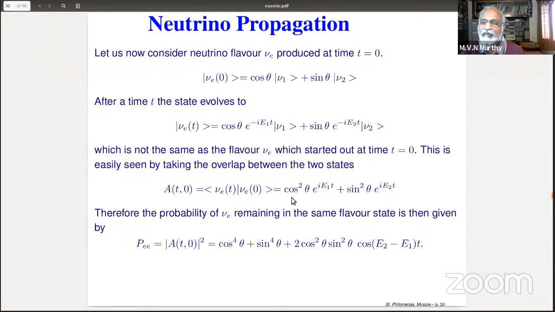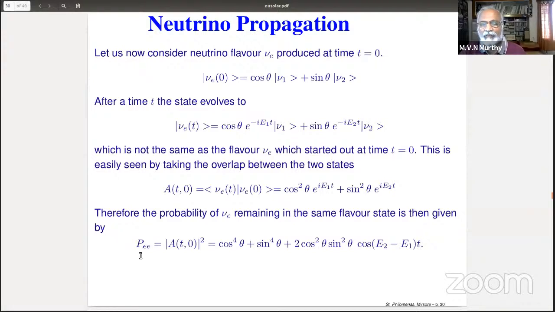So now what is the probability? Again, quantum mechanics tells you that. The probability of the original flavor nu e remaining after time t is simply the square of this amplitude. We denote it as P_ee.